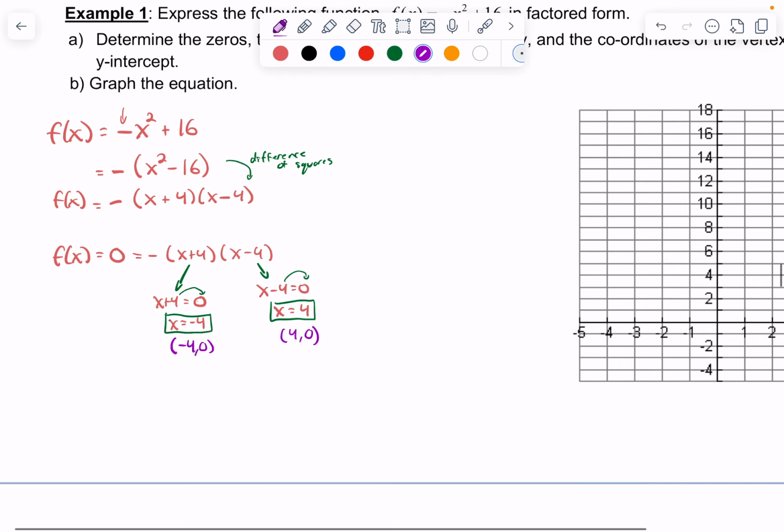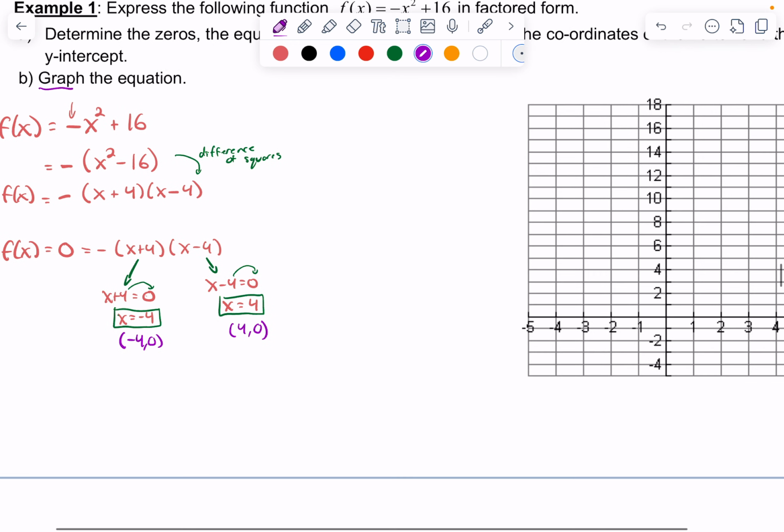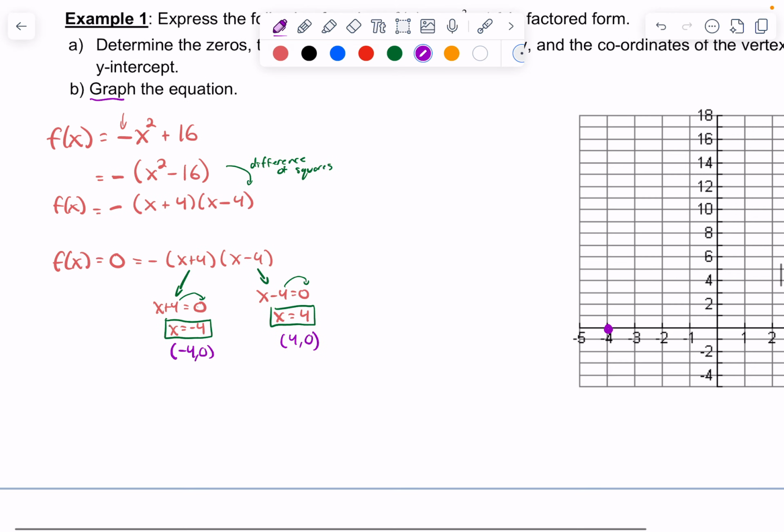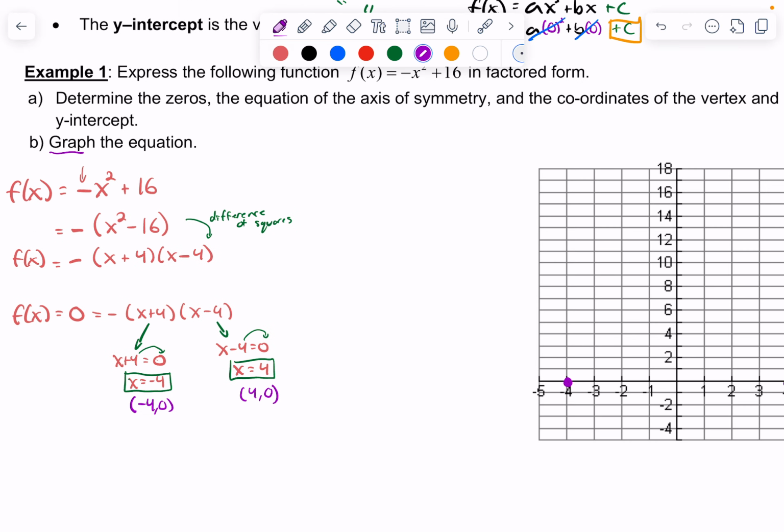I know part B is saying for us to graph it, but let's just put those points on the graph right now. Why not? So we found (-4, 0), and we also found (4, 0) right here. There are your two x-intercepts. Okay, check, done. The equation of the axis of symmetry.